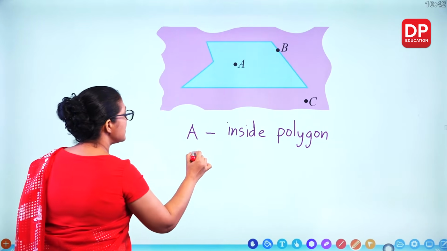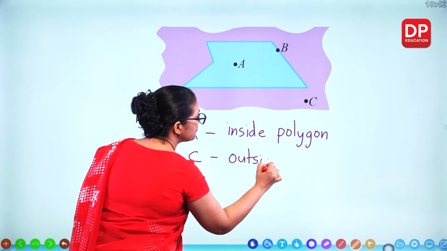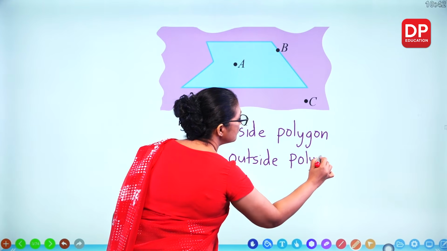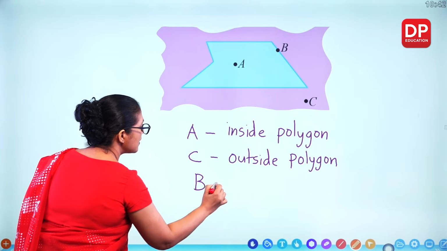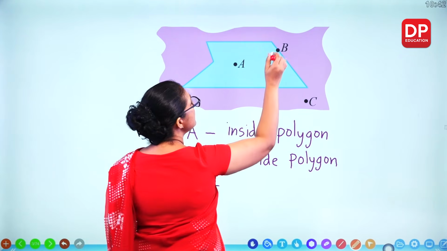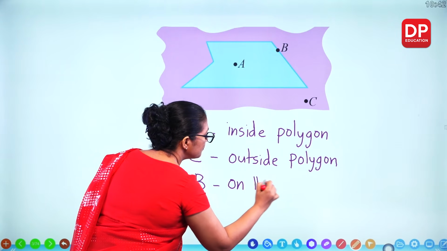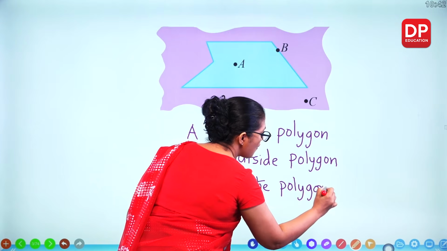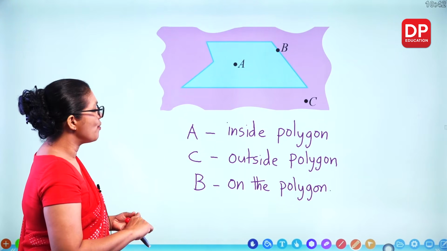C point is outside the polygon. And B point, it's on the polygon. So you need to know how to identify whether a point is inside, outside, or on the polygon.